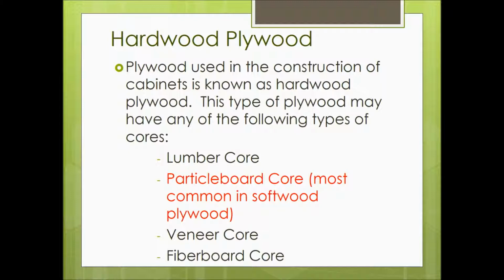Some of these types of hardwood plywood can have particle board. Some have a veneer core. Some have a fiberboard core. And your highest quality plywood would have a lumber core, which would be just a full piece of lumber rather than using some sort of particle board or veneer or fiberboard.